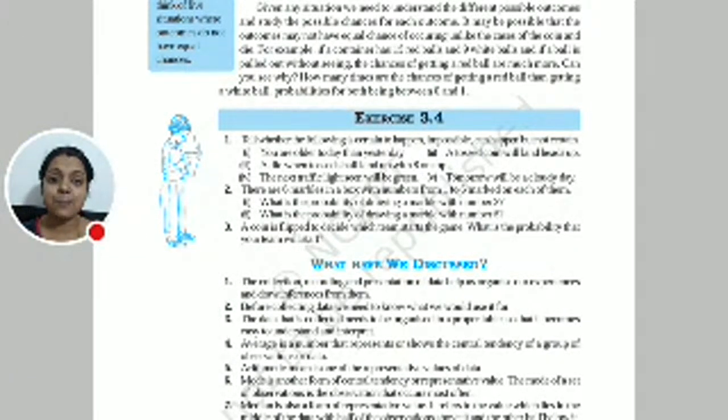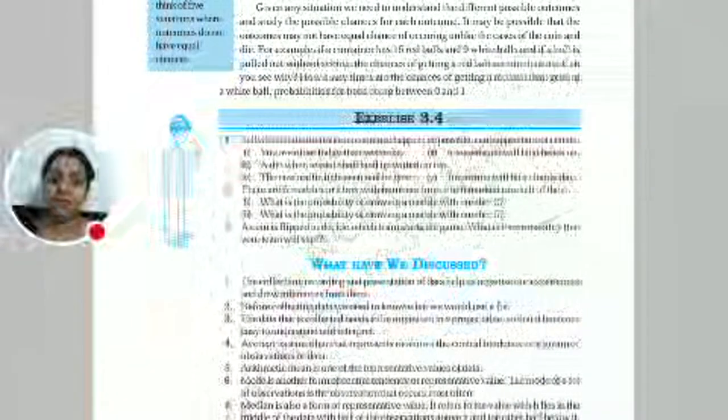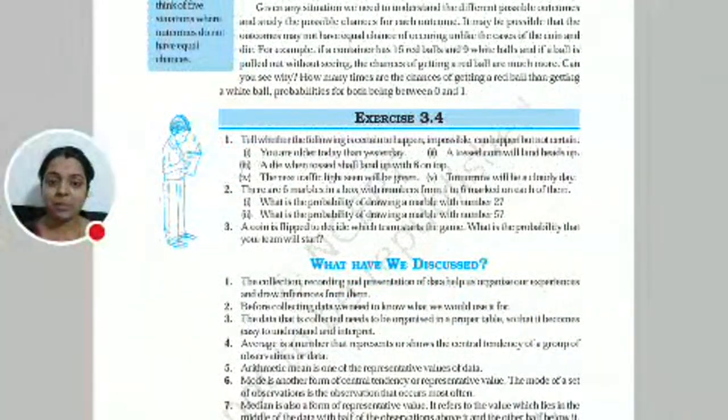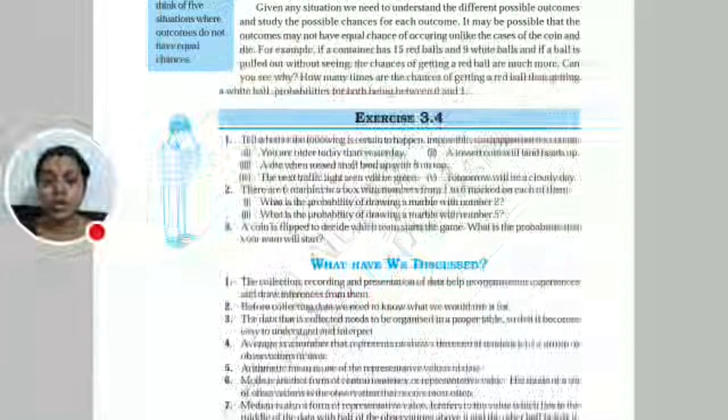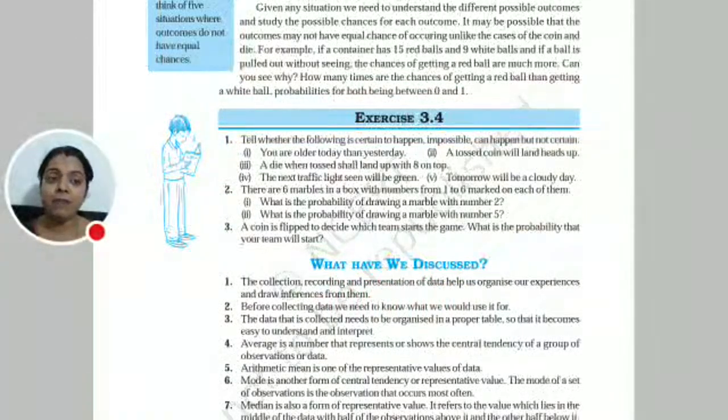We cannot say impossible, and we cannot say 100%. It is 100% sure if it is showing yellow light. It is not at all sure if it is red light. It doesn't come green every time. Sometimes if there is no traffic, it can come also.